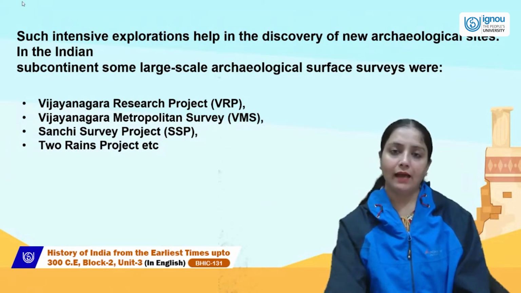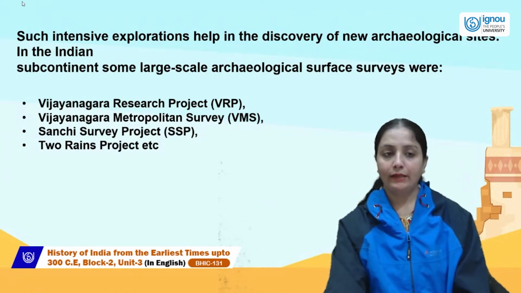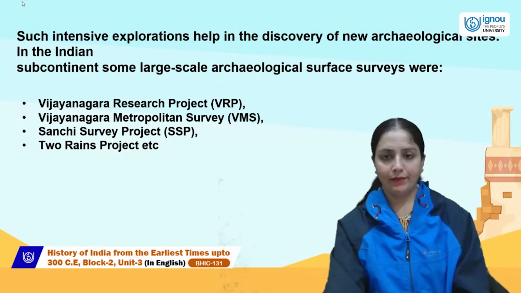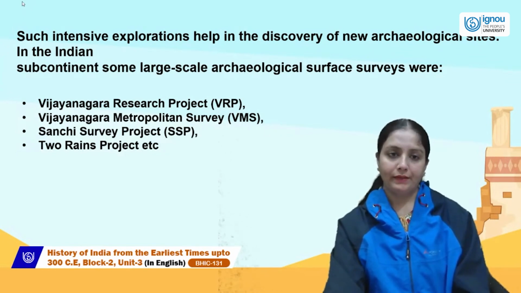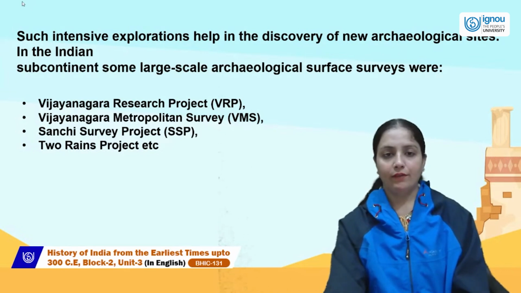Some large-scale archaeological surveys were the Vijayanagara Research Project, Vijayanagara Metropolitan Survey, Sanchi Survey Project, and Two Range Project. You have heard about the Vijayanagara Empire. The famous king of the Vijayanagara Empire was Krishna Devaraya.